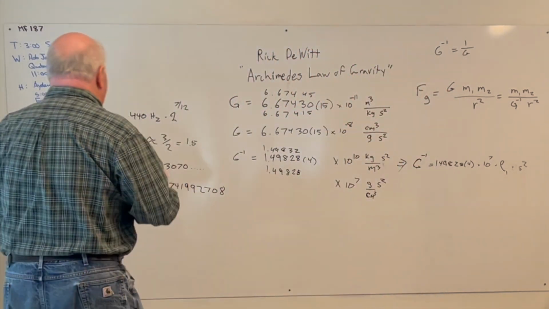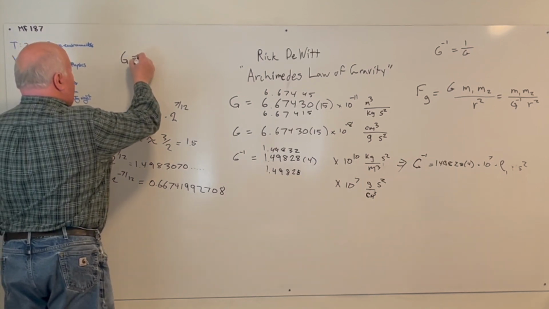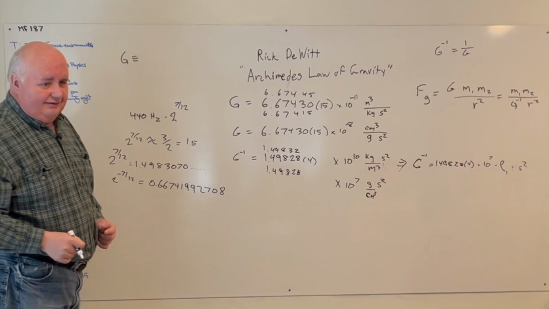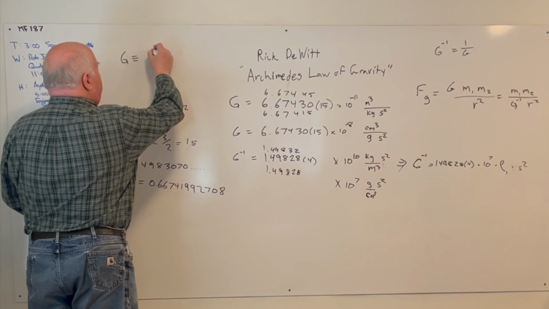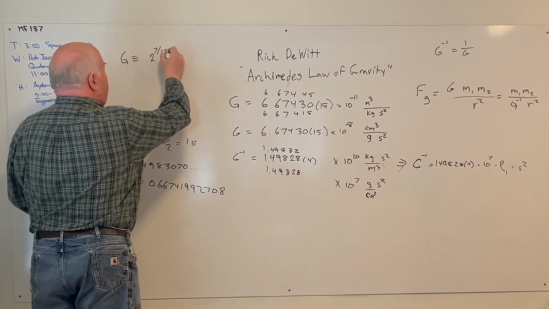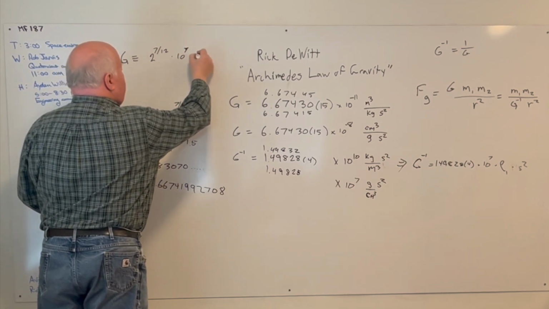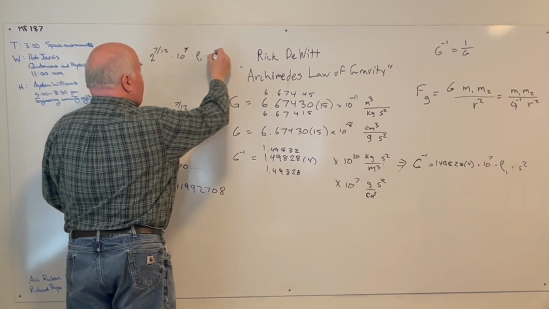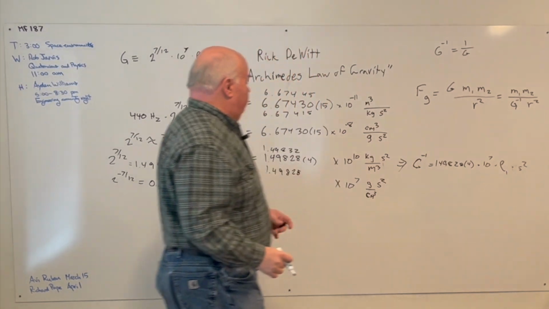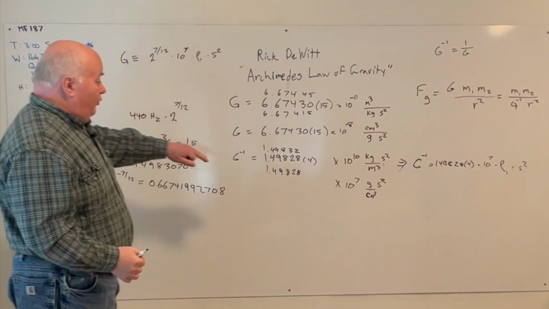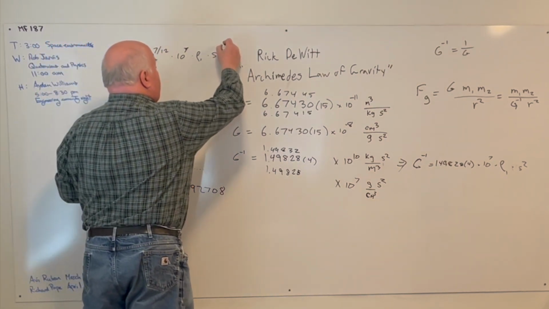So what I propose is to say that G is by definition, so I use 3 lines, the exact definition of it is 2 to the 7/12 times 10 to the 7th power times density of water times second squared, because we have units in here. So that's the 1.498, and then I take all of this and I invert it.